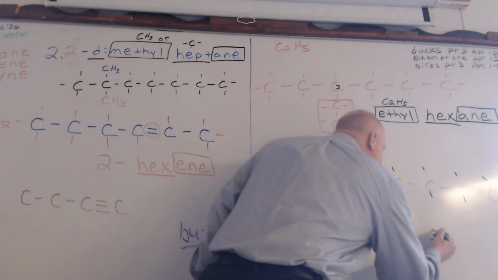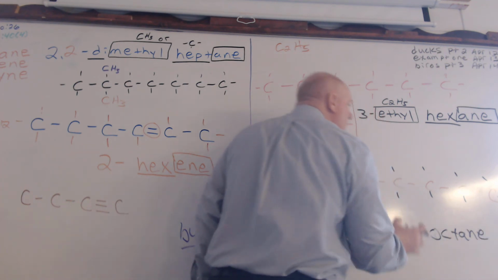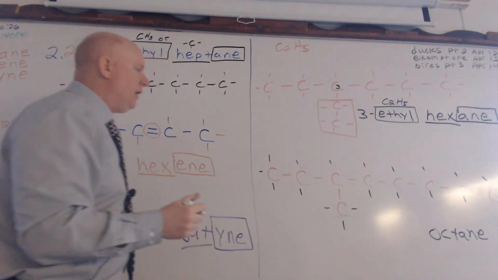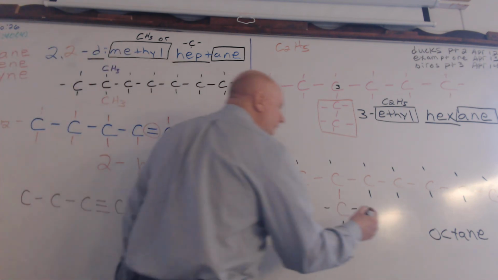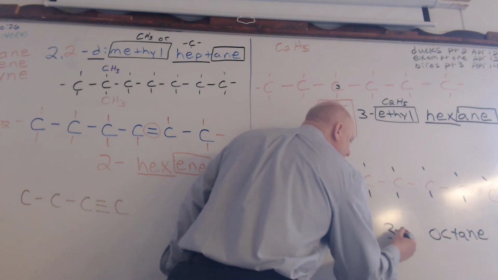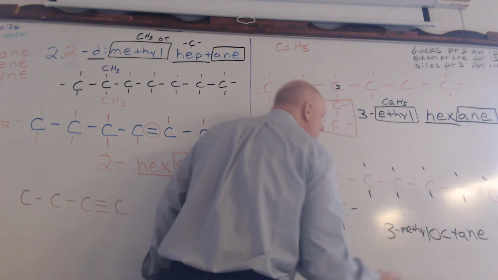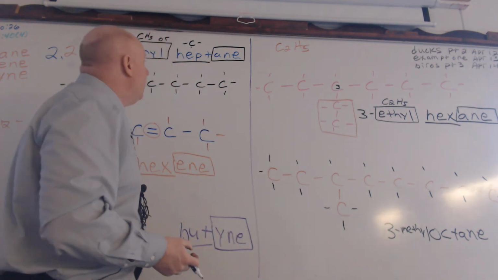So it's octane. Everything's single bonded. There's 8 in the parent chain. Is there anything branching off of that? There's a methyl group on which carbon? On the 3rd one. 3-methyloctane.